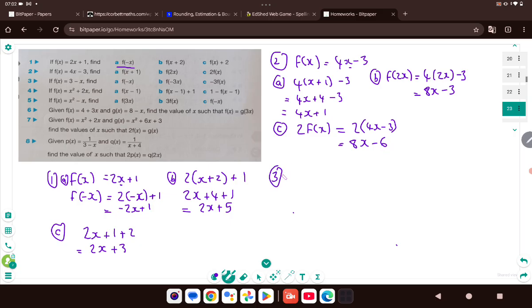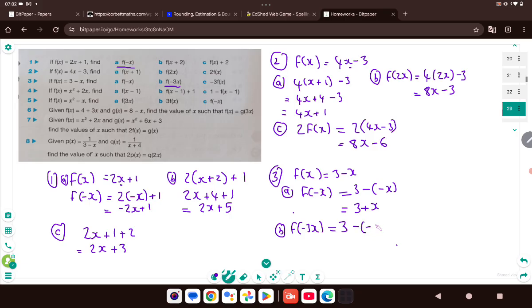Question 3. Got to be careful here. A, f of minus x, we're replacing the x with negative x. If I simplify that, a minus and a minus is a plus, 3 plus x. f of negative 3x, we're replacing the x for negative 3x.